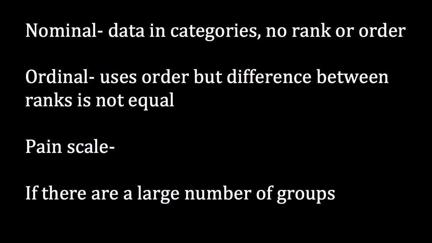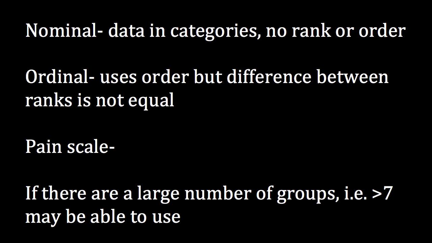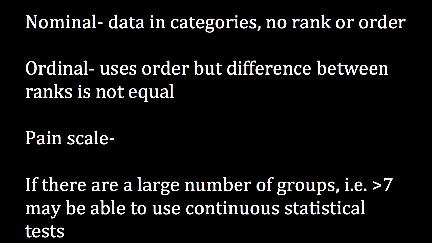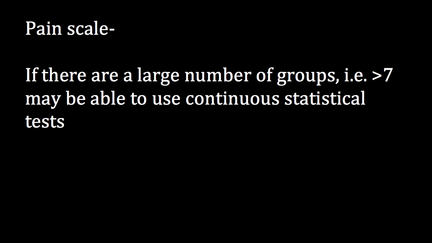So if there are a large number of groups, i.e. greater than 7, you may be able to use a continuous statistical test. Now let's go to our last type of data, and that's continuous.